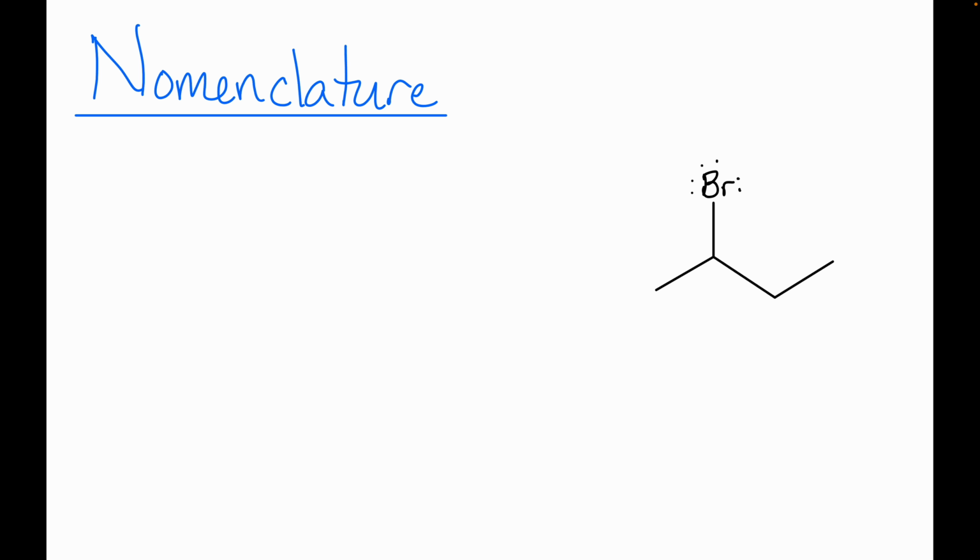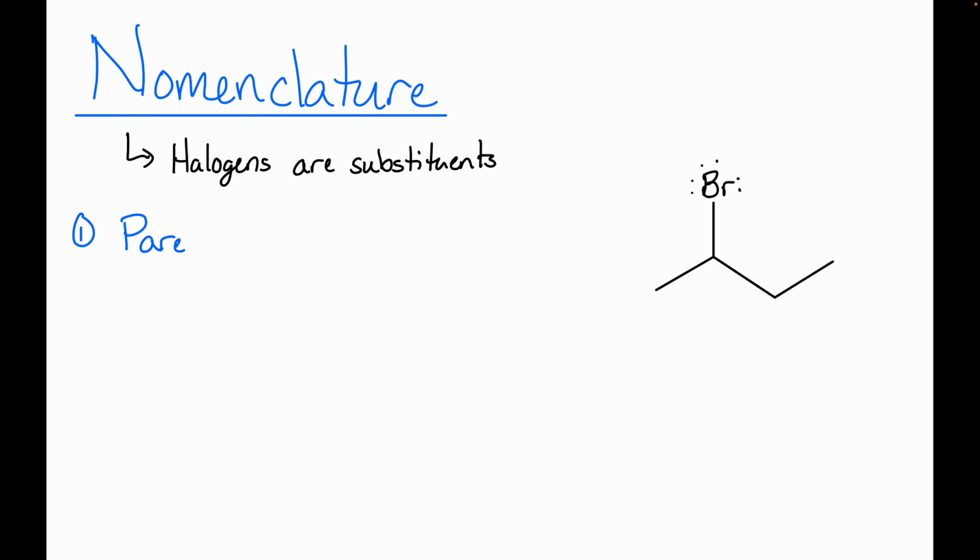So we're just going to make a note here that what's going to be unique is that our halogens in the world of nomenclature are substituents. In step 1, where I'm finding my parent chain, my longest continuous set of carbons, so these 1, 2, 3, 4 carbons here, we don't change the ending on our parent chain name.